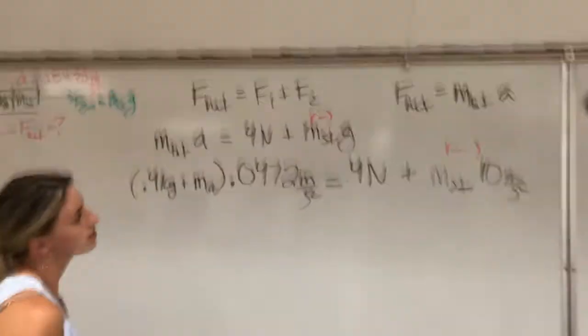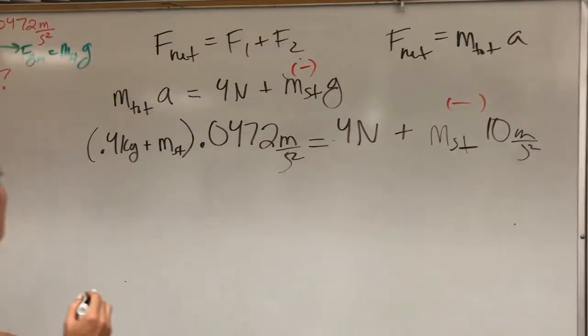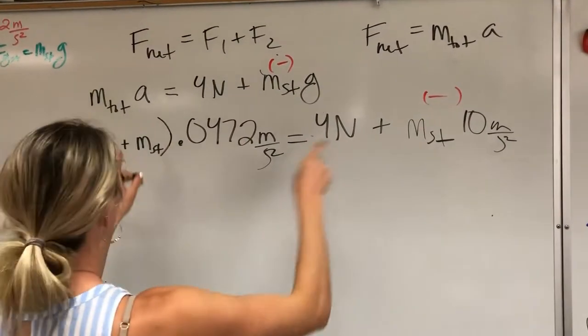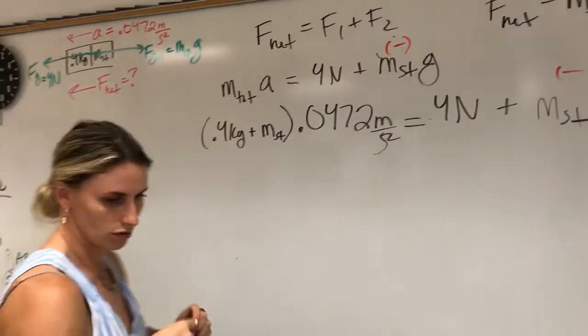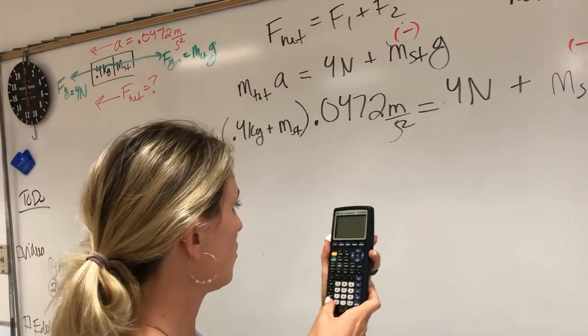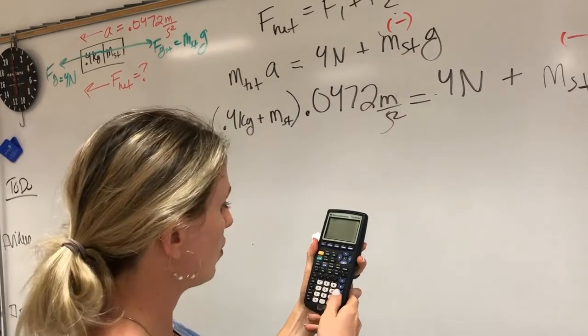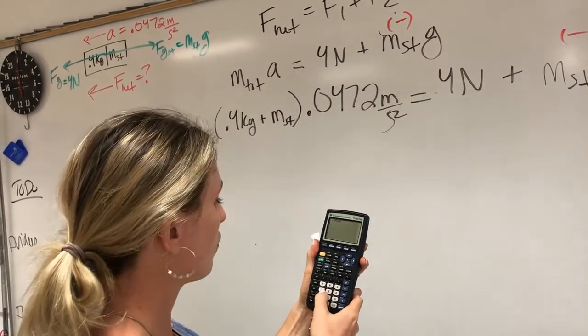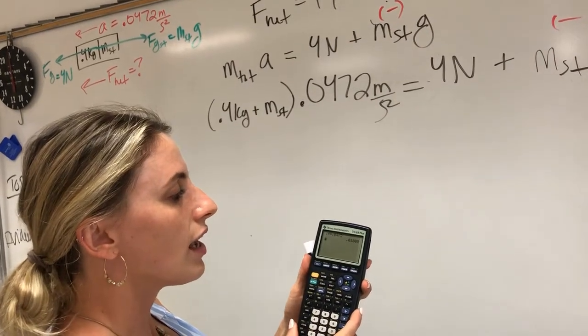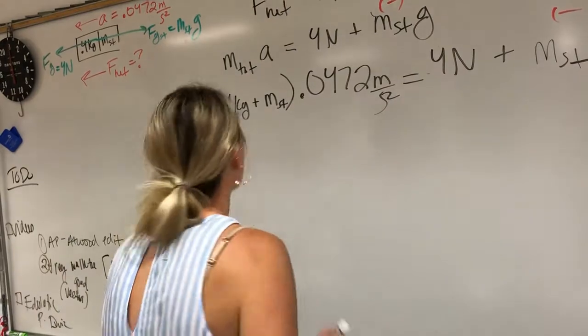Okay, so next I'm going to do a little bit of math. I want the mass of the stapler, so I need to figure out how to get this by itself. So I'm going to go ahead and multiply this through. I'm going to do 0.4 times 0.0472, and I get 0.019. Write that up on the board.